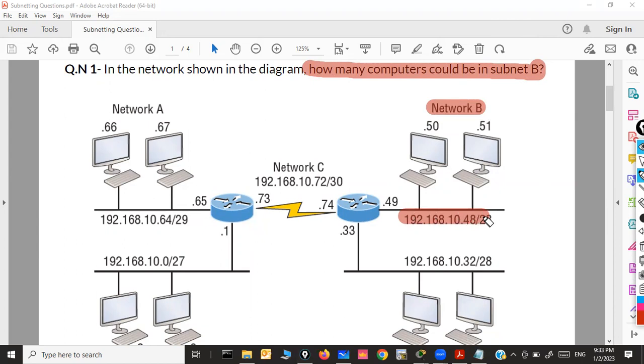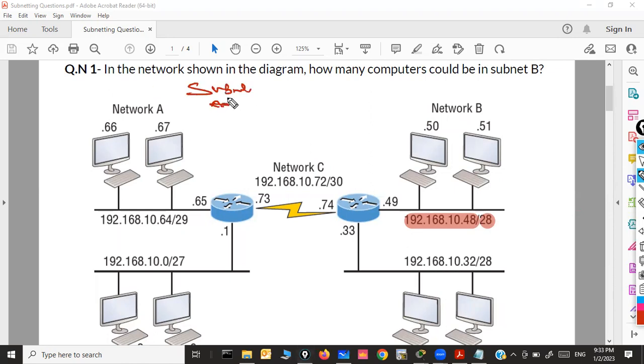For that, the help given here is a network address, and this is the mask, in fact the subnet mask. Remember when we did subnetting, I created a chart or table: the subnet address, the first address, then the range of IPs, and the last one, the broadcast address.